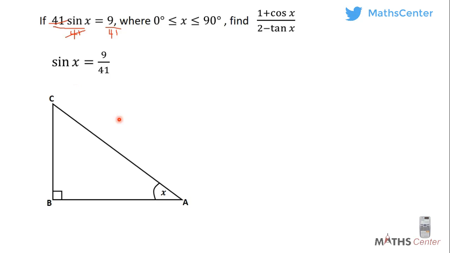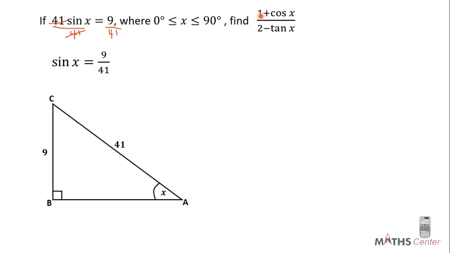So sine of x is equal to opposite, which is 9, divided by hypotenuse, which is 41. I've explained how to identify the opposite and the hypotenuse. So here, opposite is 9, hypotenuse is 41.